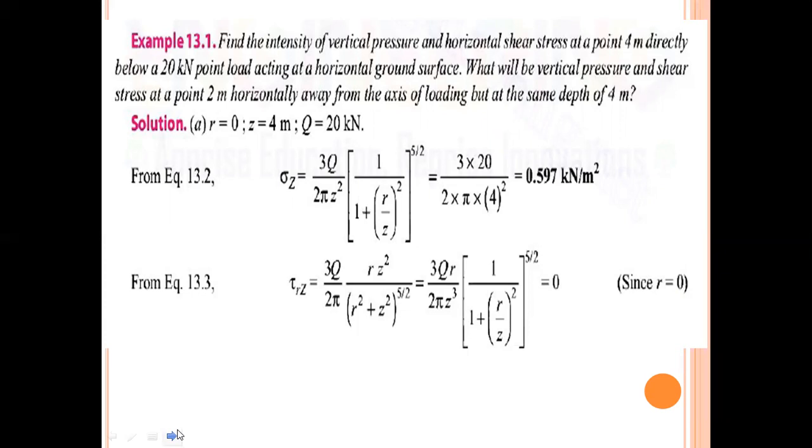So here in the given data, R equals 0 and Z equals 4 meters, and Q equals 20 kilonewton point load acting on the horizontal ground surface.